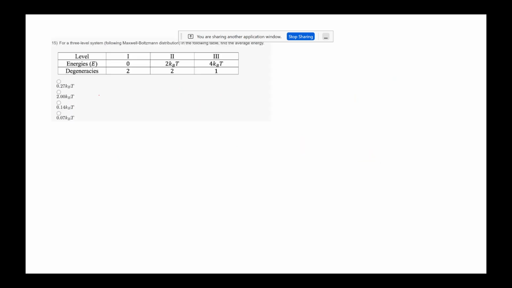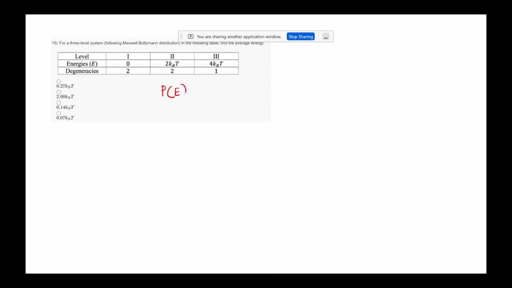Okay, the last problem. It says, for a 3-level system in the following table, find the average energy. Okay, so average energy, how can we write it? What is the probability of that?